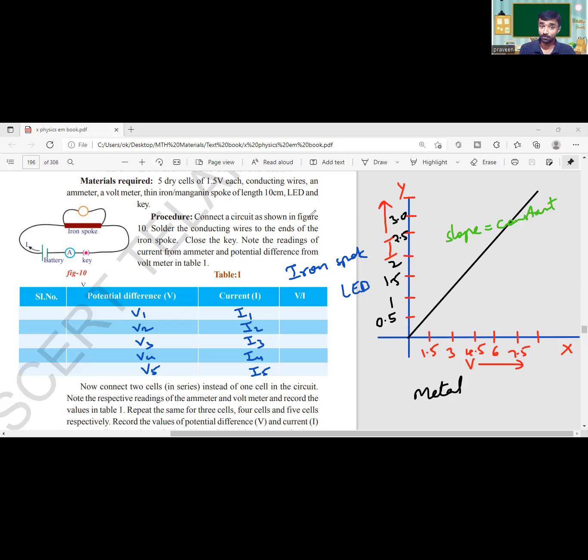Then if you plot the graph using the values you noticed in the case of LED bulb, that curve you will get like this. If you find the slope of this curved line, you will notice the slope is not a constant. Different values they will give you. So this you need to observe through the graph.